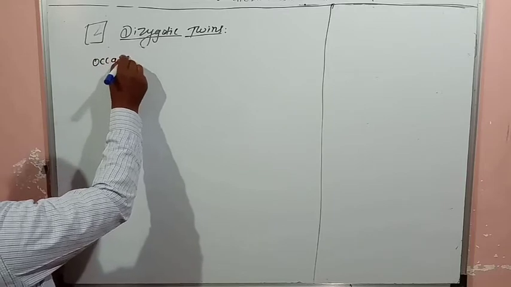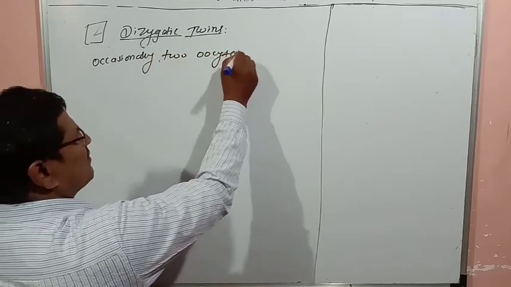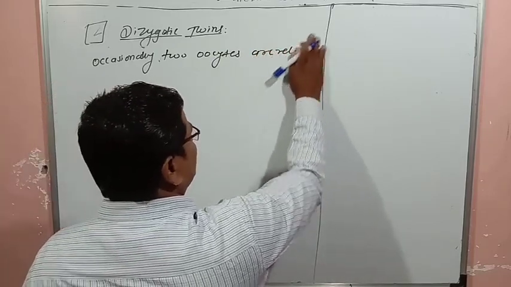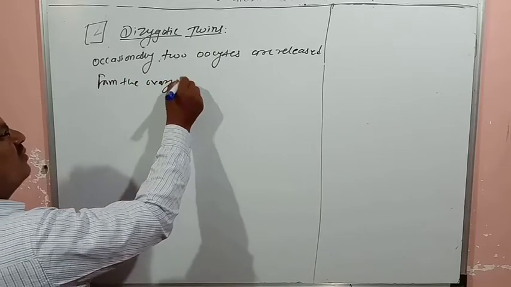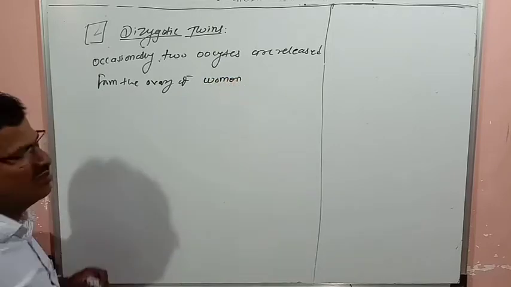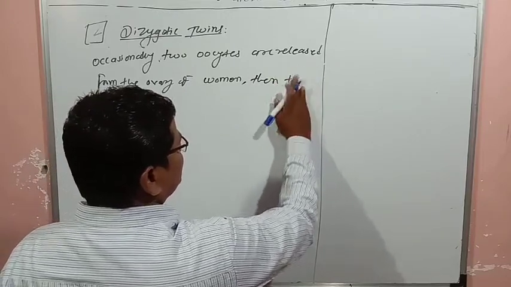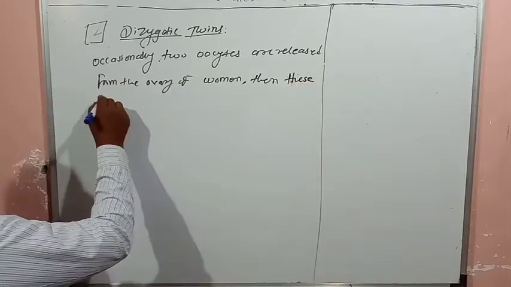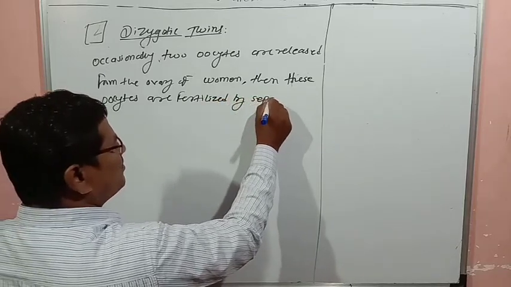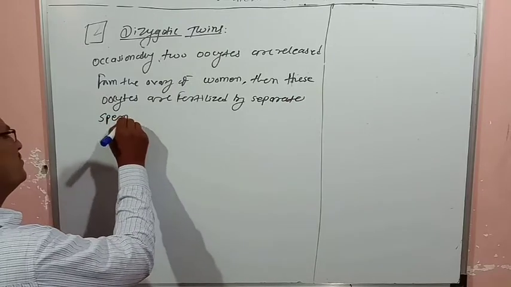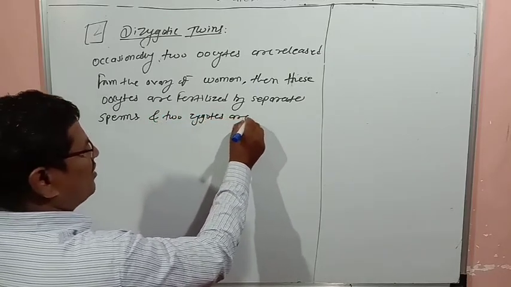Occasionally two oocytes are released from the ovary of the woman, and then these oocytes are fertilized by separate sperms, and two zygotes are produced.